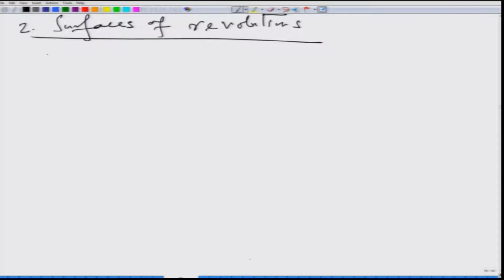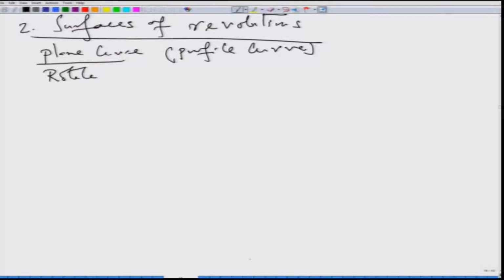You take a plane curve, it is called the profile curve, and then rotate it around a straight line. This will generate a surface, right?